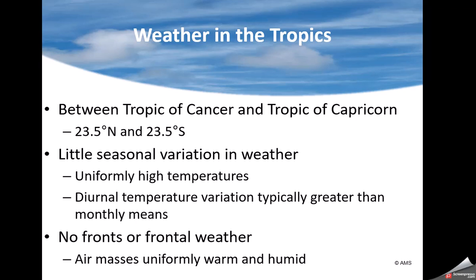The air masses are pretty uniformly warm and humid. There's not a lot of temperature variation. The diurnal temperature variation, in fact, is greater than the monthly mean differences. That's a big difference from what we live with in the mid-latitudes where we are.